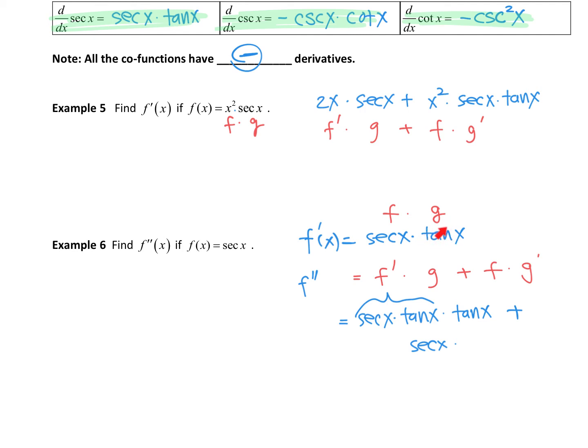What was the derivative of tangent? It's secant squared. Here I can see this one has a secant in it, and this one has a secant in it, so maybe we can factor that out. So there's secant, and then tangent squared plus secant squared.